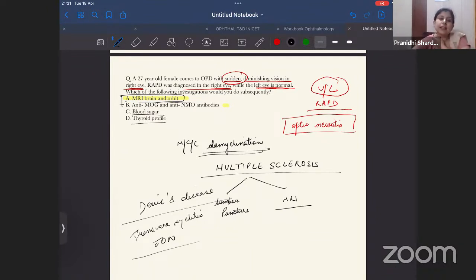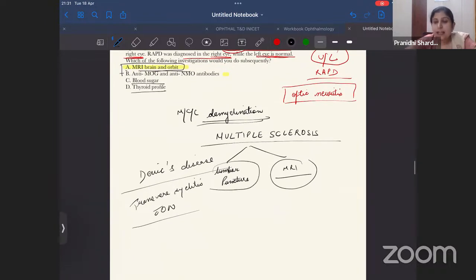But in a single answer question, we have to tick MRI because no systemic history is given in the question. In the MRI, we get periventricular plaques as the finding.